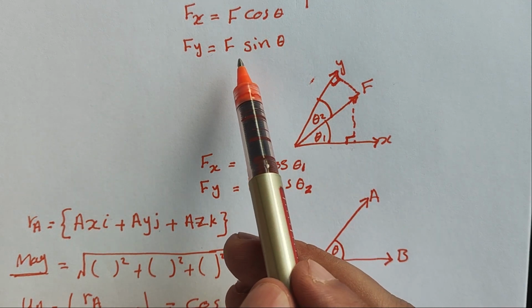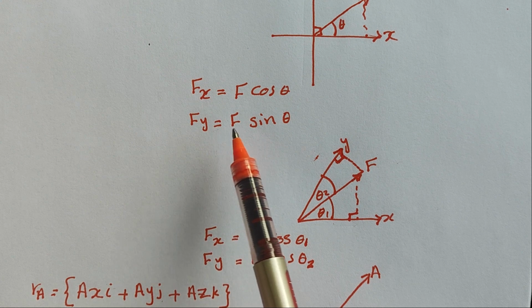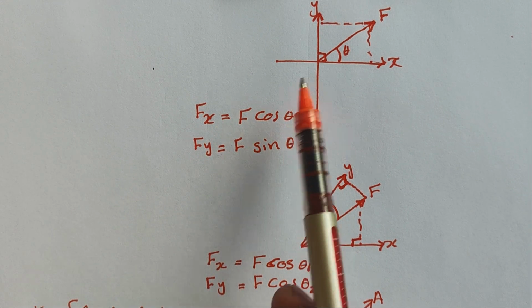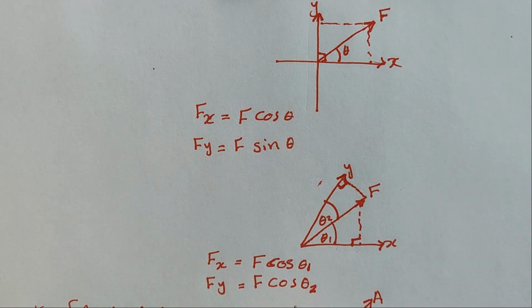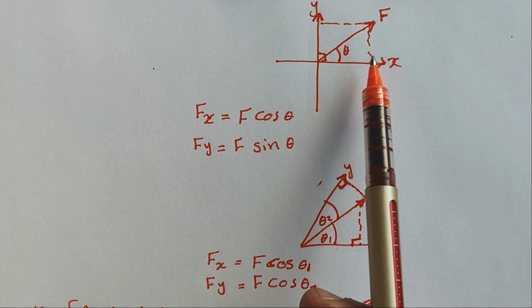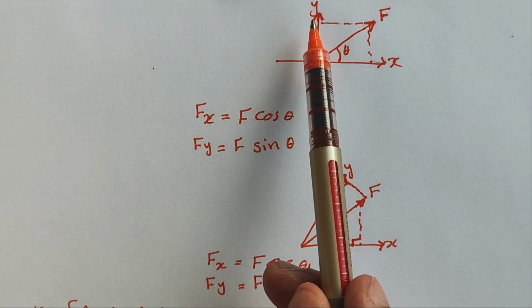It's not the same as before, when the component along the y-axis was F sine theta. It was sine theta because it was a right angle triangle in there.